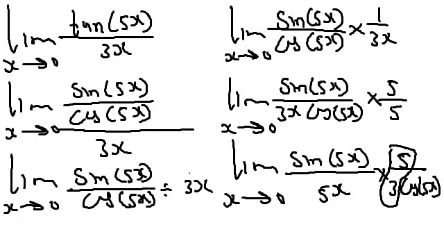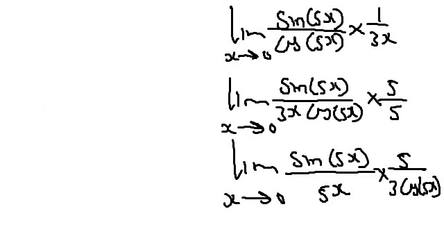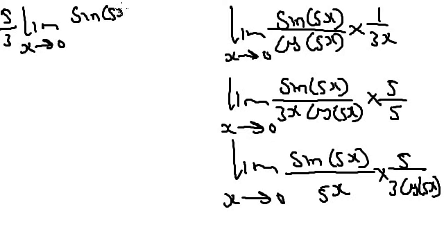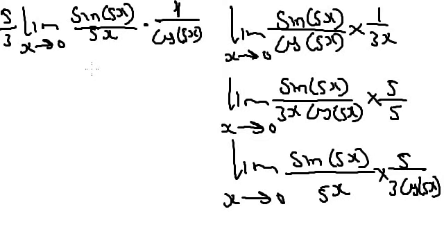So I would like to bring this to the front of the limits. I hope you are following the approach. So therefore, we can have 5 by 3 multiplied by the limit as x approaches 0 of sine 5x divided by 5x, then multiplied by 1 divided by cos 5x. Perfect.